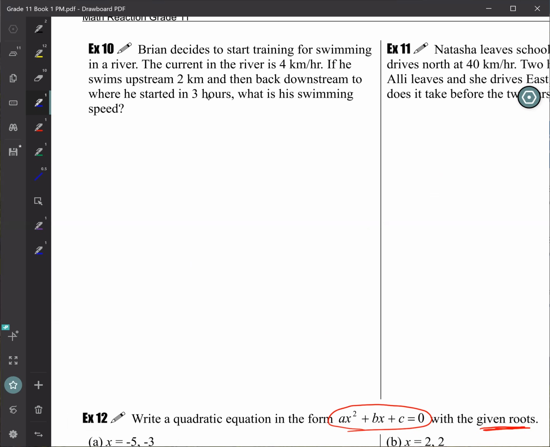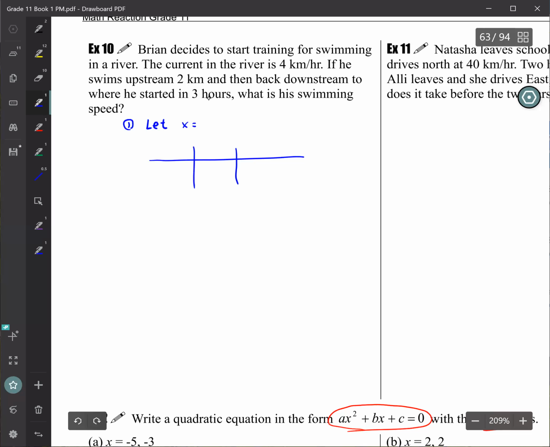Make a table first. Don't forget to start with the let. And then make a table. Okay, and then write an equation. So once you got the equation, you can raise your hand and then we'll check the equations together.